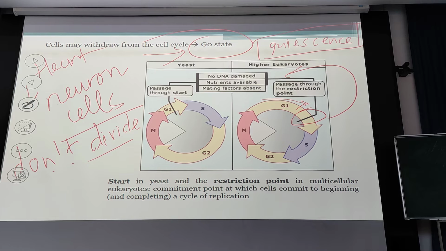When you are a baby, maybe up to 3 years old, your brain stops dividing, and from that time your neuron cells jump into the G0 state and stay there. This is because when you learn a lot of things, you need to memorize everything.